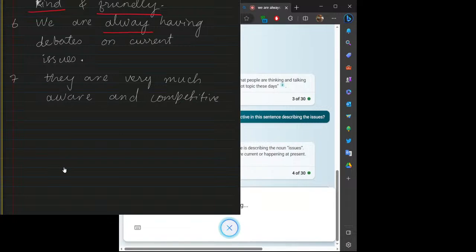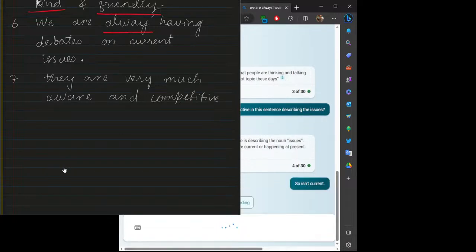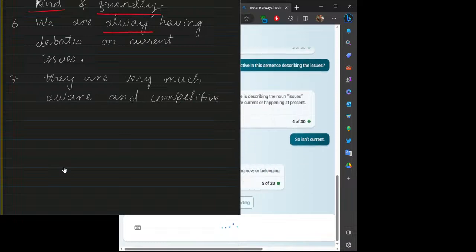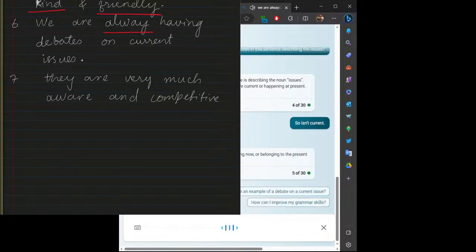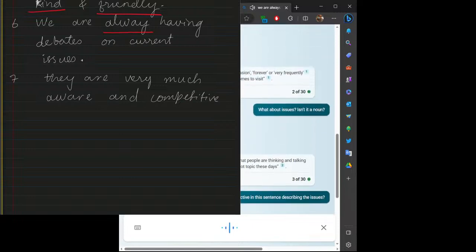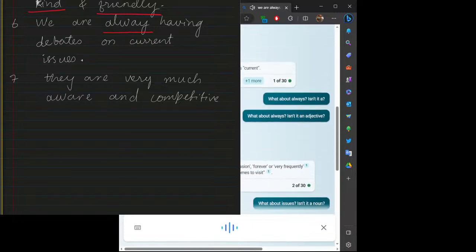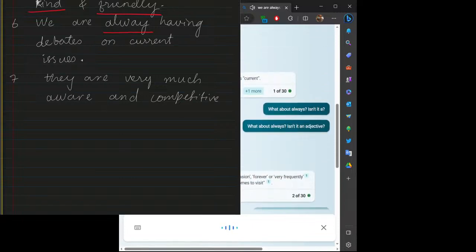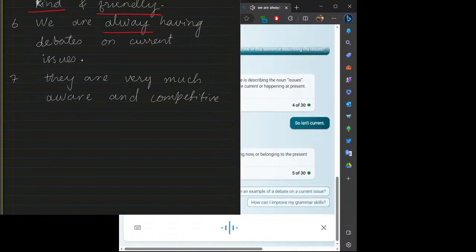So isn't current an adjective? Yes, current is an adjective. It means happening or existing now, or belonging to the present time. For example, the current situation is very tense.